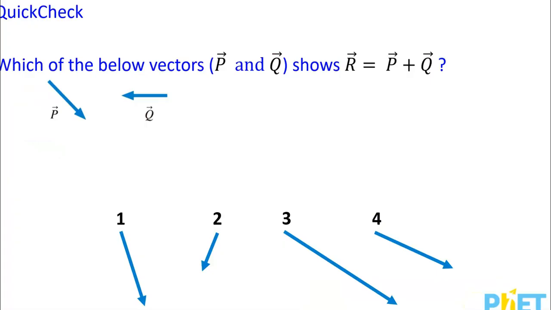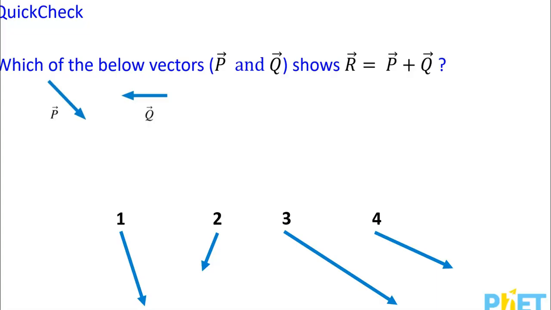Suppose you had two vectors, vector P and vector Q, and you need to create a new vector called vector R, which is the resultant of vector P plus Q. Which choice, 1, 2, 3, or 4, will reflect the resultant vector R? Please take a moment and try this on your own.